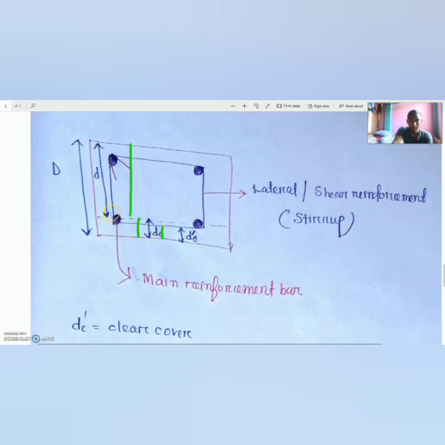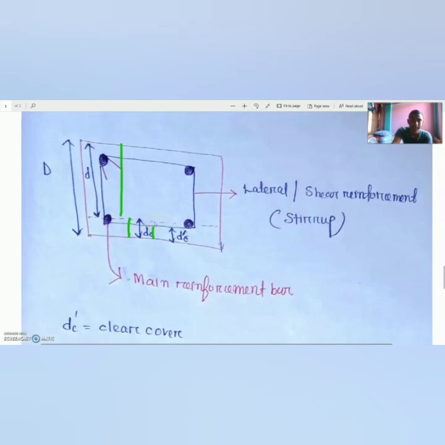Now see that this is the whole overall depth, and this is the effective depth, up to the center of the bar. The remaining portion, from the center of the bar to the bottom, is known as the effective cover. You can see it in the picture.